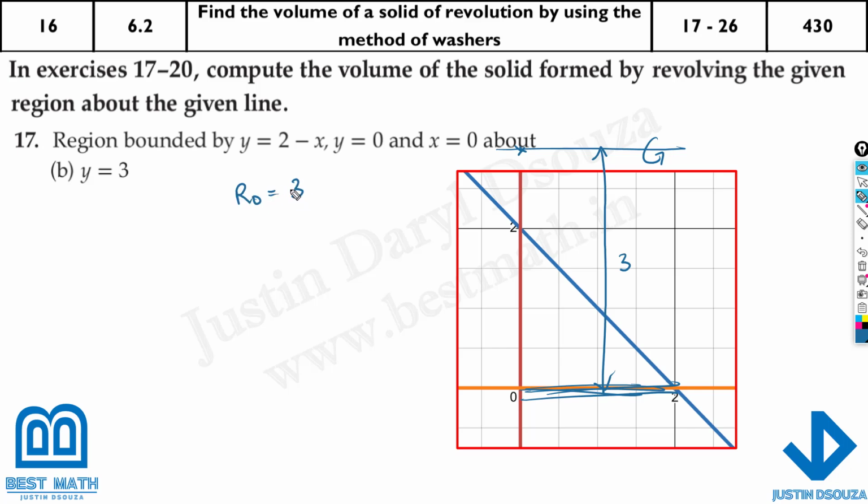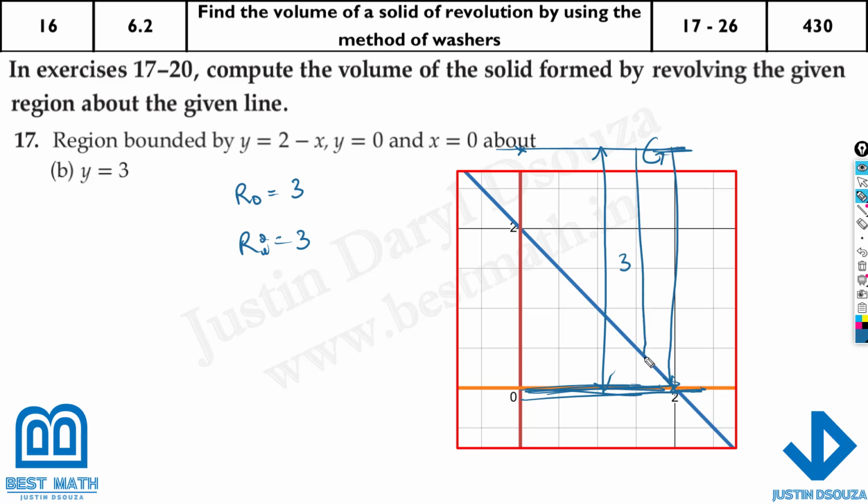That's the outer radius. What is the inner radius? The inner radius is this line. See, this entire thing is the outer radius. For the inner radius, the maximum it can reach is 3 from this line of rotation.